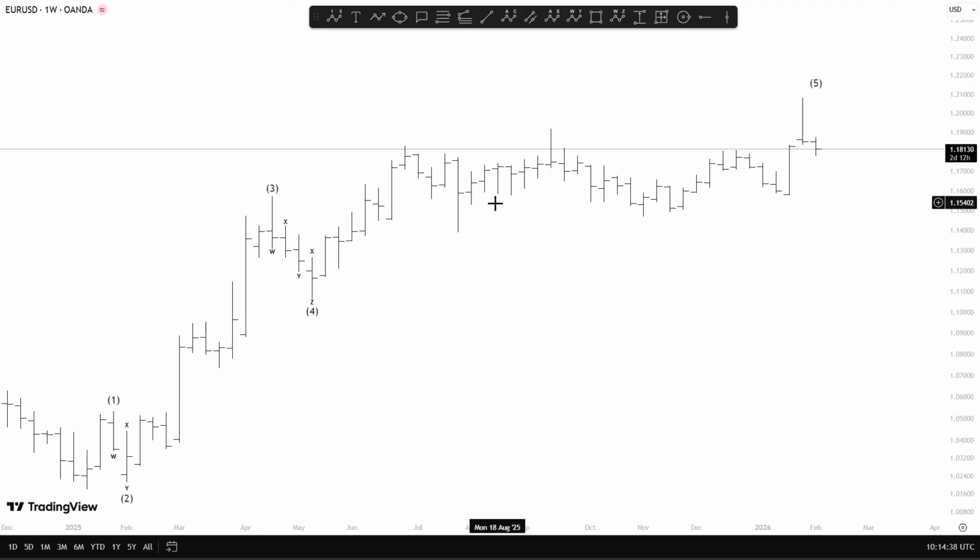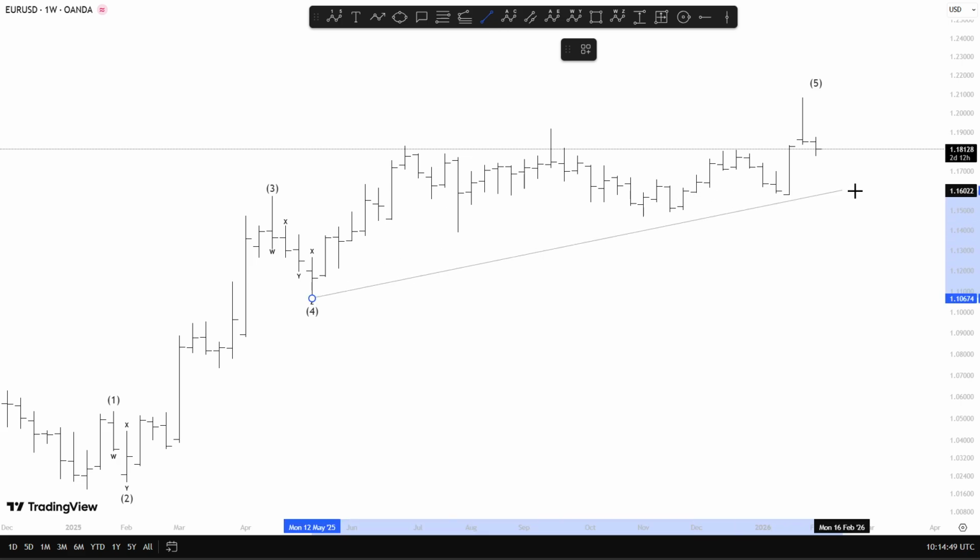Wave 5 is forming something called an ending diagonal and has a trend line combination.